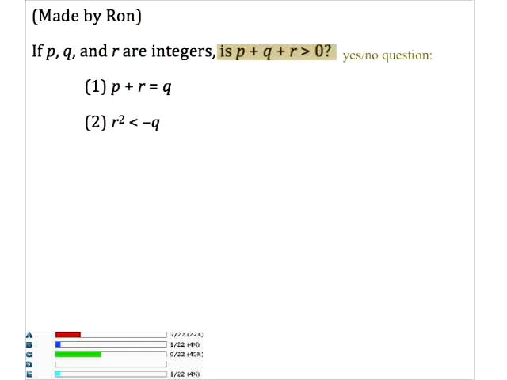When you have a yes-no question, you should try to get a yes, and you should try to get a no. So with statement 1, let's take a look. P plus R has to equal Q. So can we get a yes? Well, how would we get a yes here? We could just pick 3 numbers that are what?